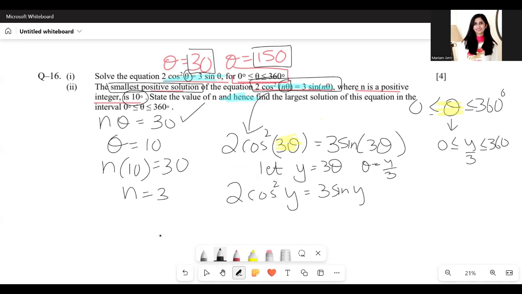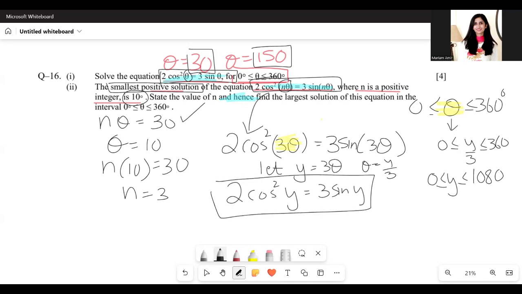Now we multiply 3 on all sides, we get 0, we get y, and we get 1080. Now the solution of this is going to be the same as the solution of this. We got two solutions, y equals 30 and y equals 150.